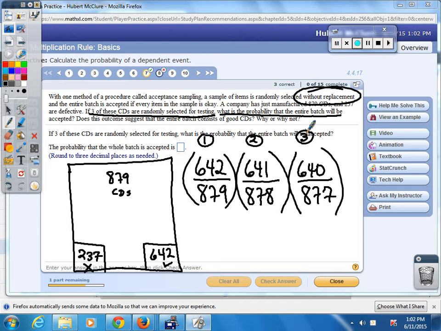Now, let me ask you something. Are all 3 of these, are all the numerators and denominators, are all of them 3 digits? Yes. And they're pretty high. So I'm going to go down here, and I'm going to say 642 over 879 raised to the what? Third power. Let's see what that is. Round to 3 digits.